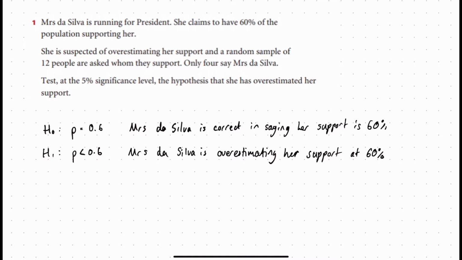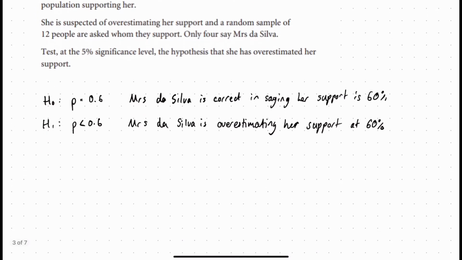The way to test this is using the binomial distribution and assuming she is correct with her claim that it is 60%. So the binomial distribution would be set up as B(n, p), so the B being binomial, the N being 12 people, and the P being 0.6.